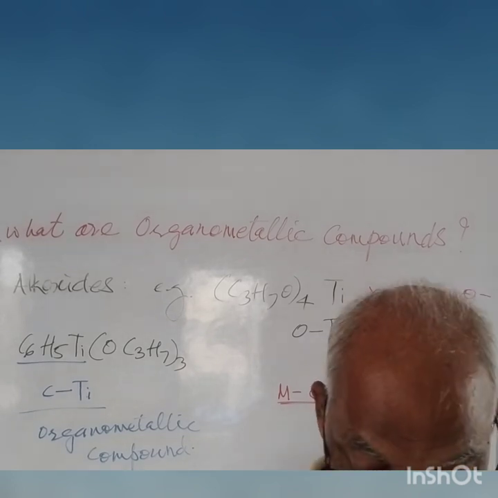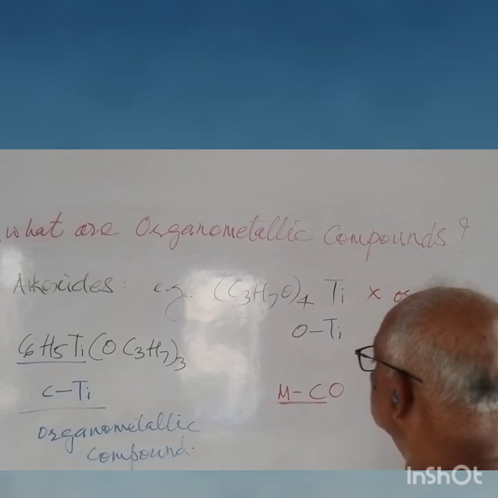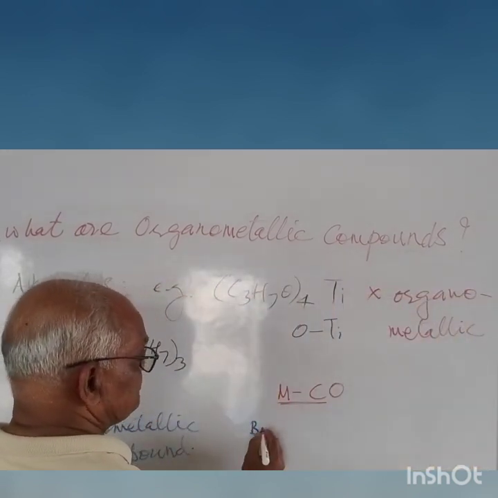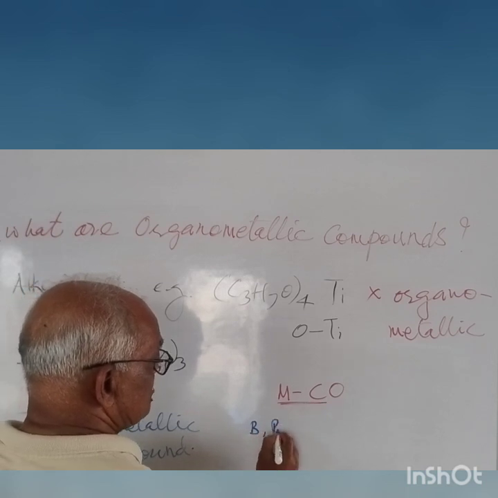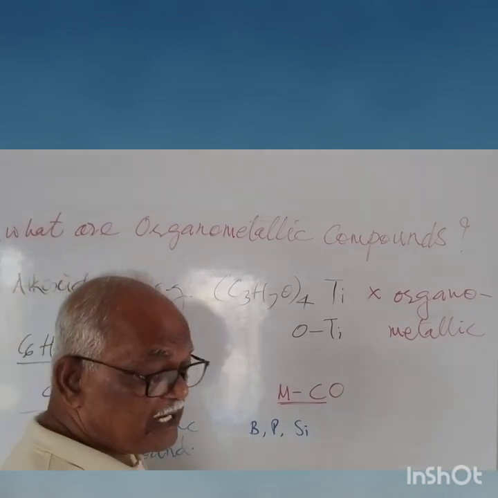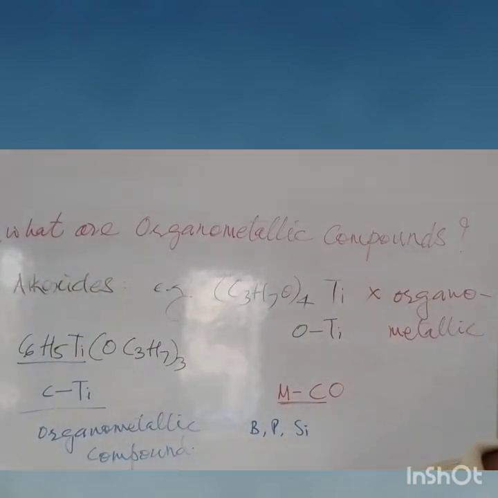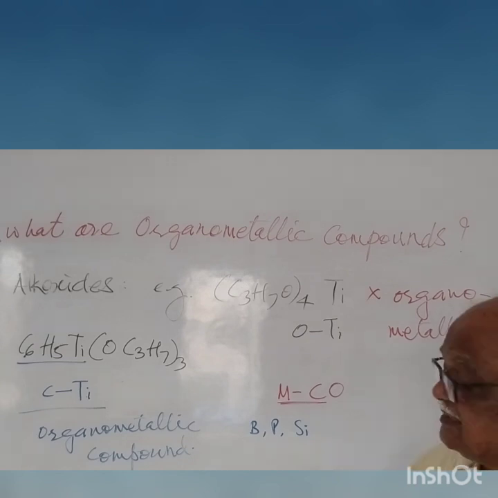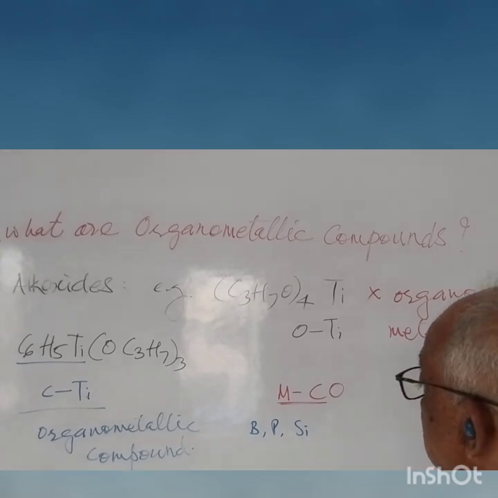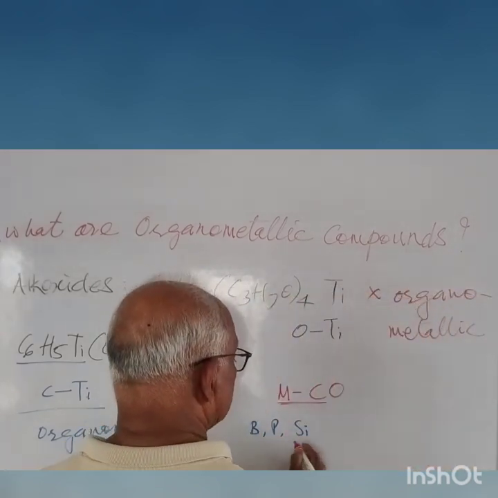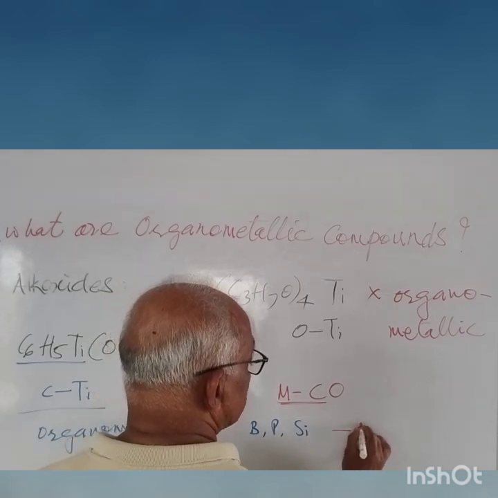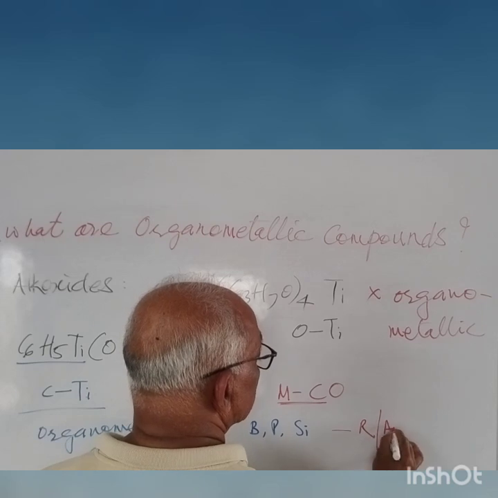In addition to this, we can have elements such as boron, phosphorus, silicon, etc., which can also be attached to organic species, that is alkyl or aryl groups.